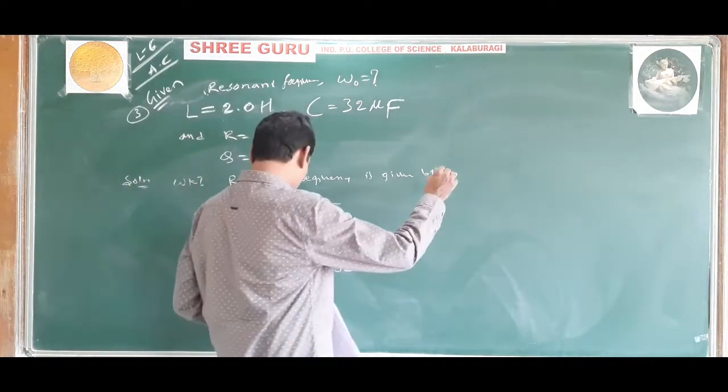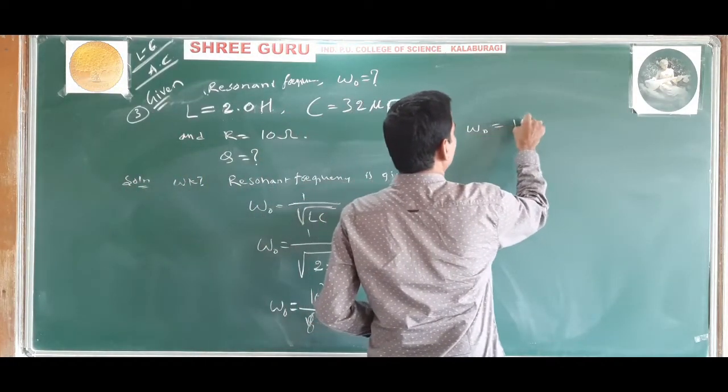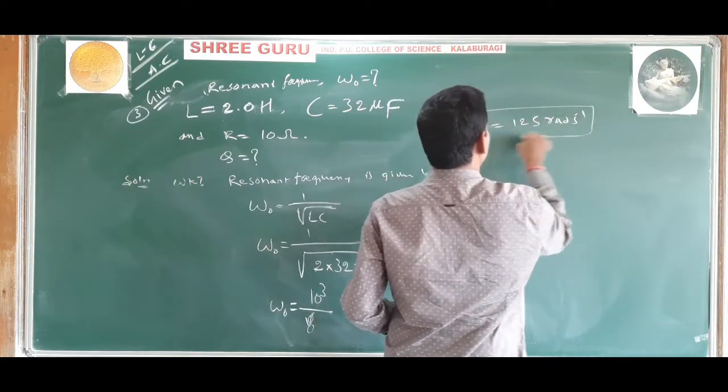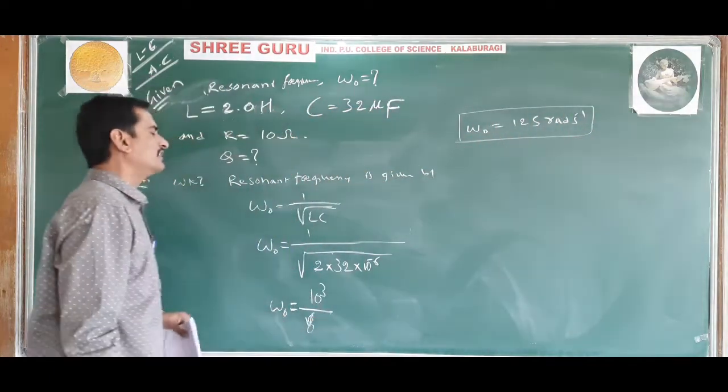So the answer will come out to be 125 radian per second. That is the resonant frequency.